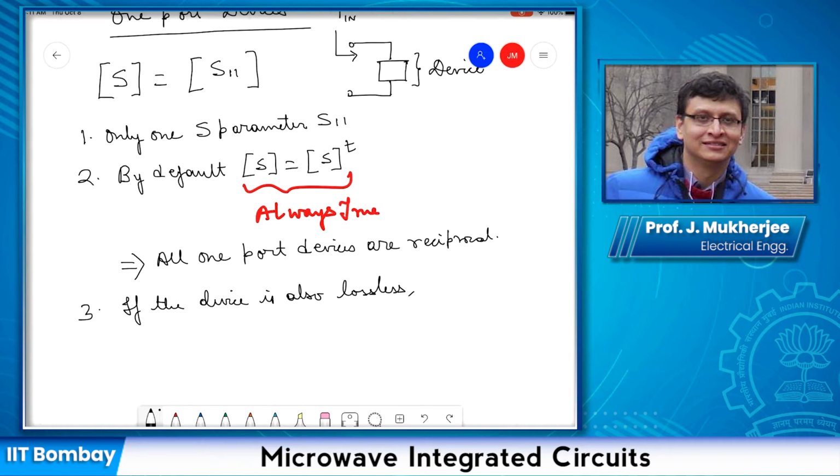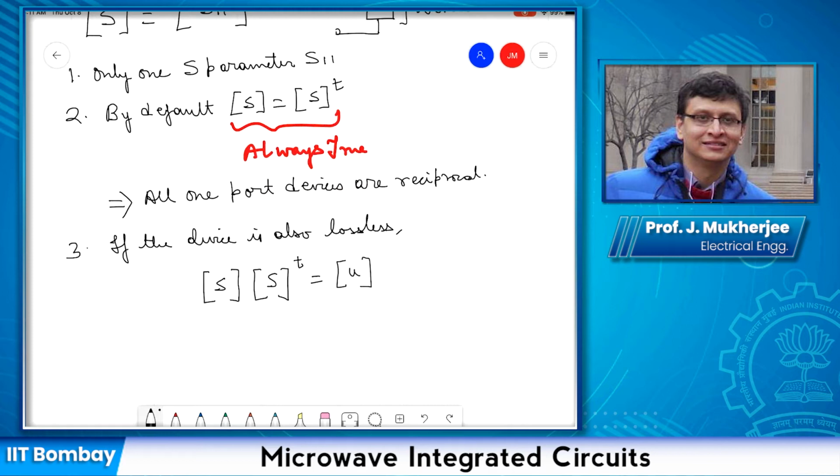then recall we have S transpose S conjugate equal to U, the identity matrix.